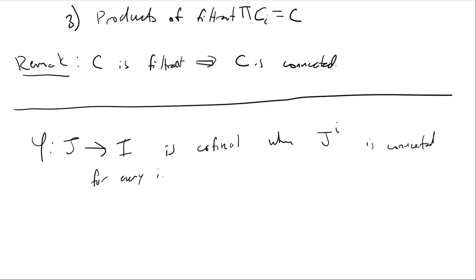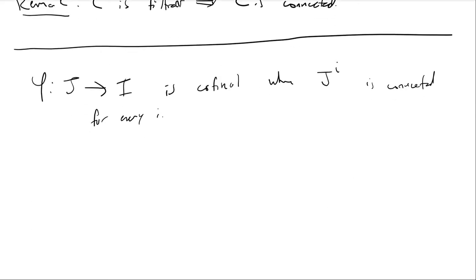In the case when J is filtrant, this can be enhanced. This proposition we should work through in some amount of detail. This statement is just me reminding you of a definition, but we're going to enhance this characterization when J is filtrant.